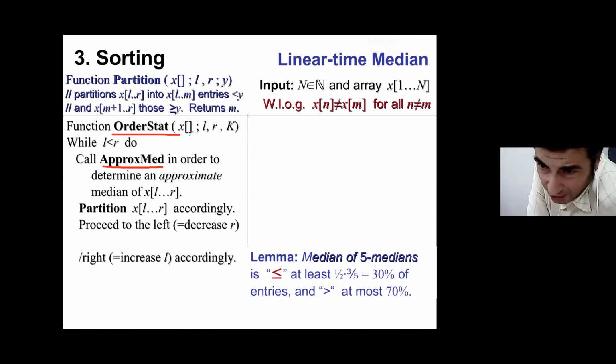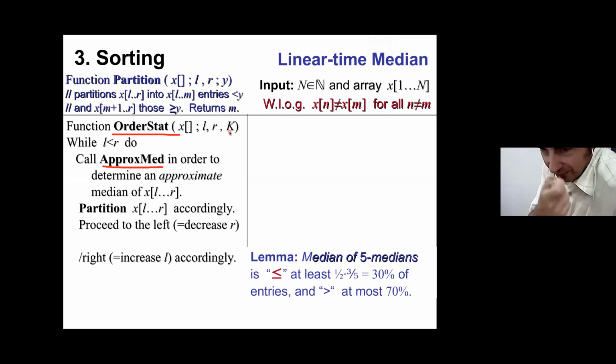If I'm given an array, and for technical reasons I assume that there is a left and right, and k is between 0 and the size of the array, which is r minus l plus 1, then it should output the index of an element in this array such that the number of smaller elements than this one is exactly k. This is what the order statistic was supposed to do.